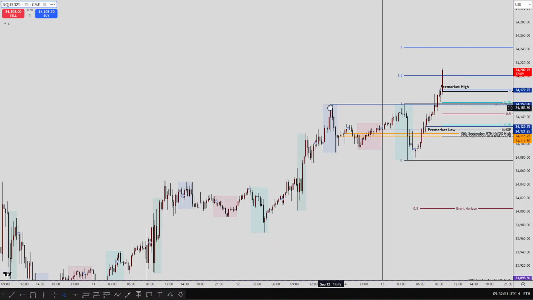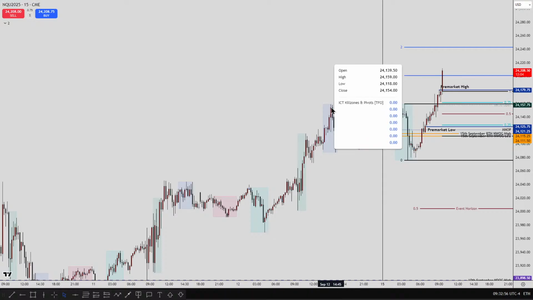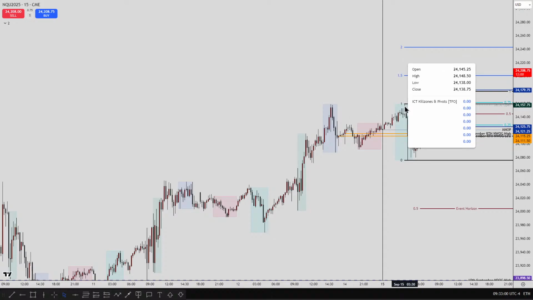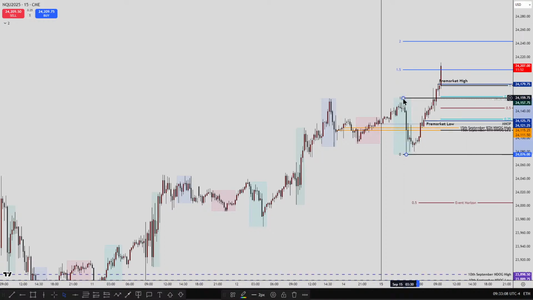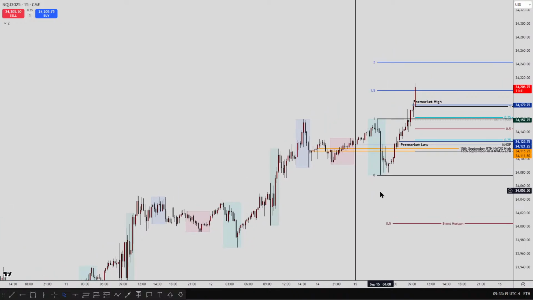So the high of this candle is 24,159, and then the high of this candle is 24,159.5. So it's 2 ticks above that price, and it drops below, comes into this order block plus inefficiency. That's a good fulcrum that I can use to identify where price may or may not distribute.